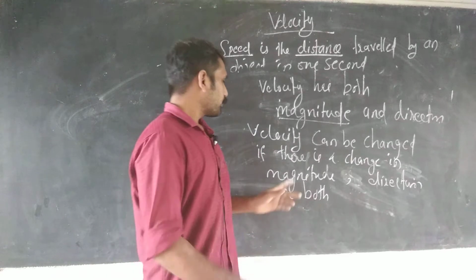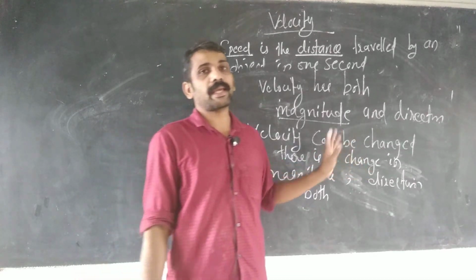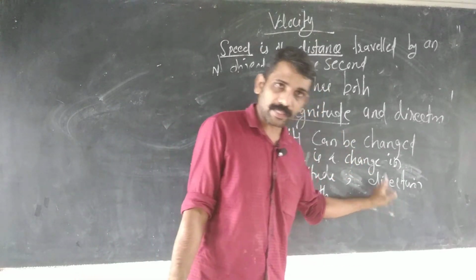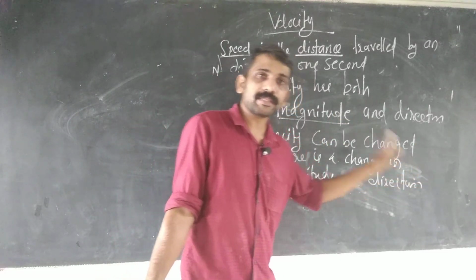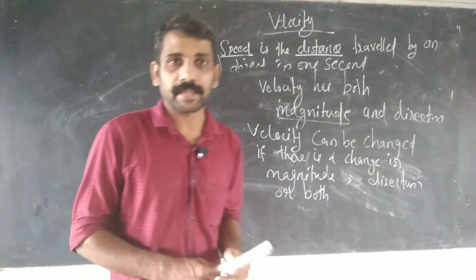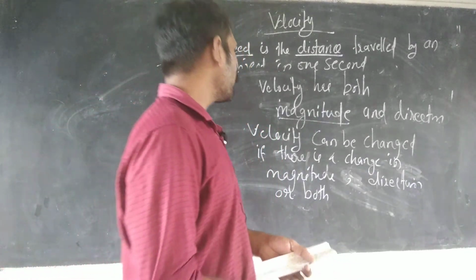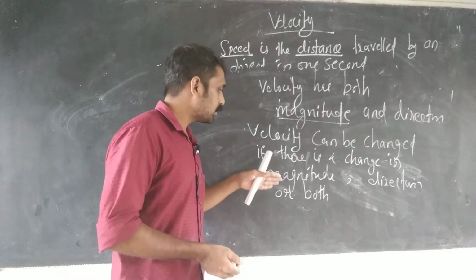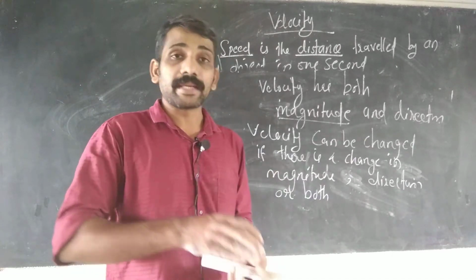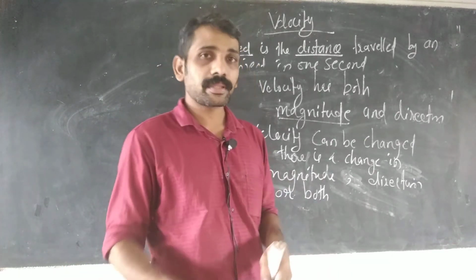If magnitude is changed, velocity can be changed. If direction is changed, velocity can be changed. If both direction and magnitude are changed, then velocity can be changed. That we can study with examples.